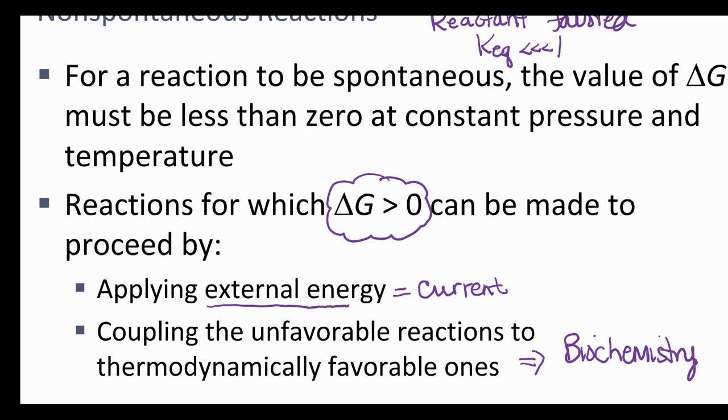And one of the main ways that's achieved is by coupling a process that has a positive delta G to a negative delta G. So the example that I gave you was muscle contraction requires ATP, because ATP has a very negative delta G when that molecule splits apart, and then that drives an unfavorable process.